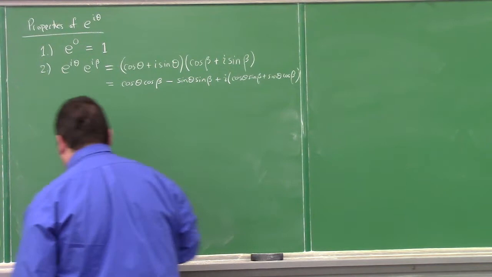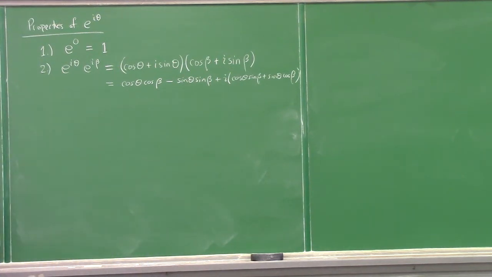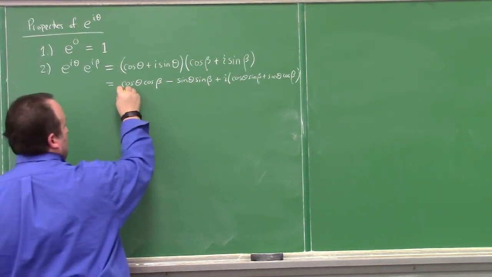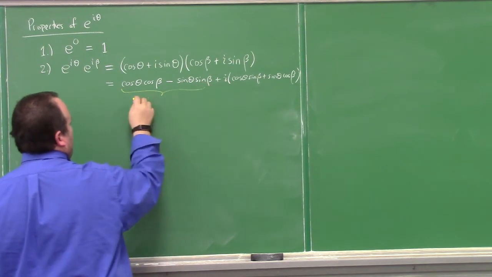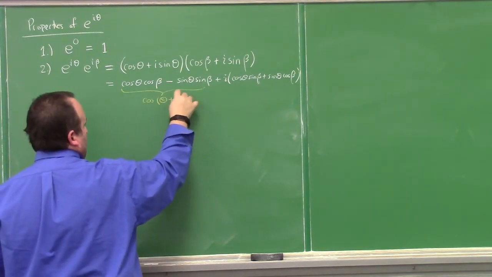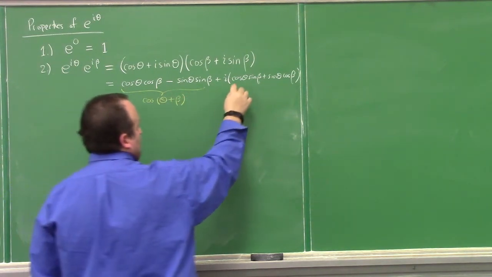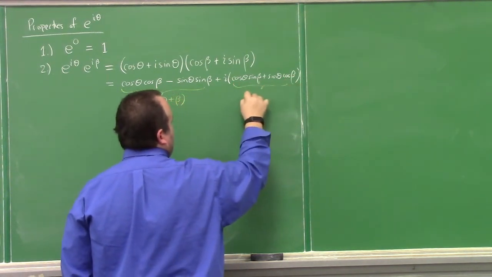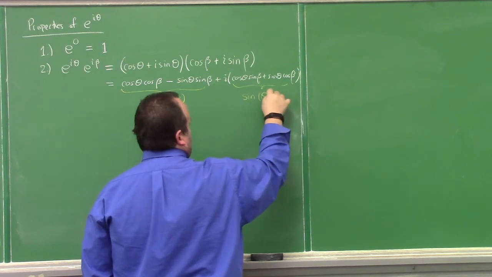You get an identity on the left, an identity on the right. From trigonometry, we know this is cosine of theta plus beta, and by the adding angles formula, this is sine of theta plus beta.